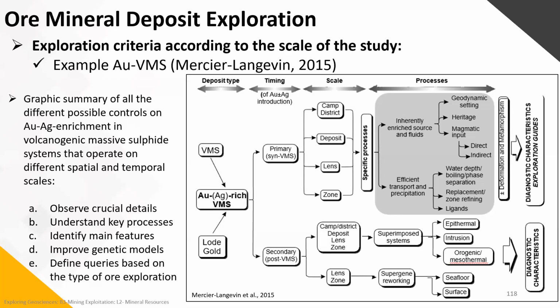Each observation gives us a key to understand the process that was going on in a sector. It helps us identify the main features of our mineral deposit, it helps us improve the genetic models we interpret within an area, and it helps us define queries based on the type of ore exploration.